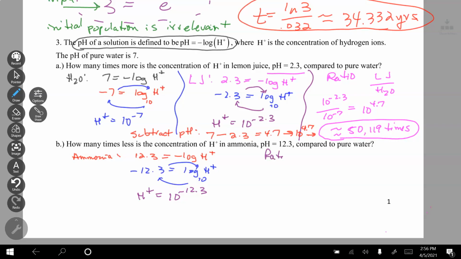I could do my ratio. This time I want the water on top because it's the higher concentration. I get 10 to the negative 7 over 10 to the negative 12.3. And I get 10 to the 5.3, which is a little bit less than 200,000 times.